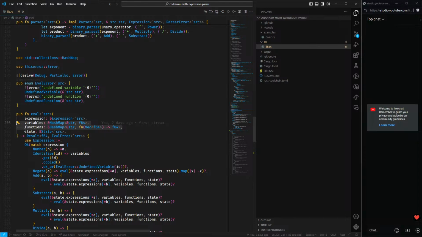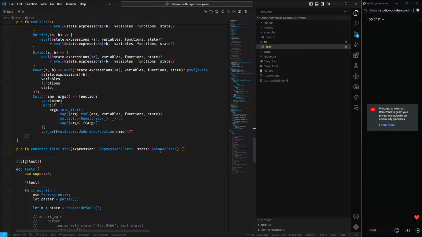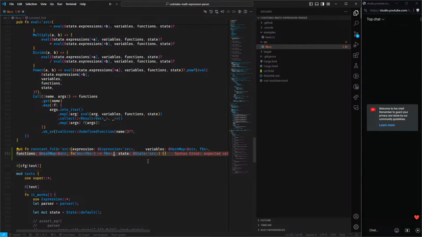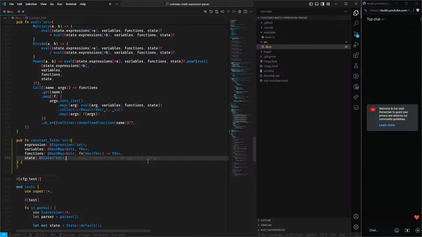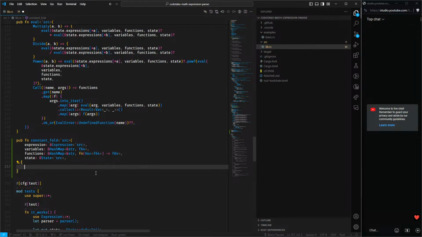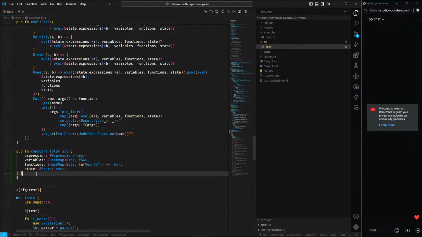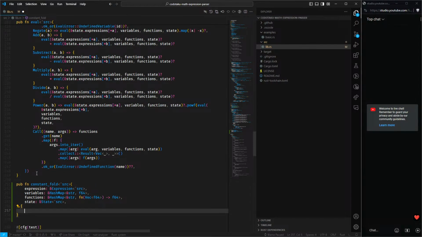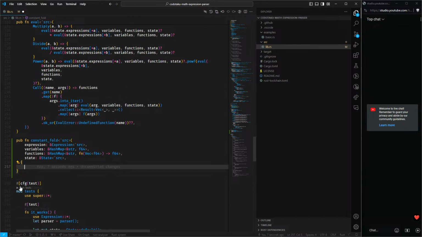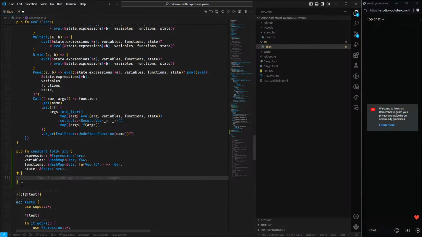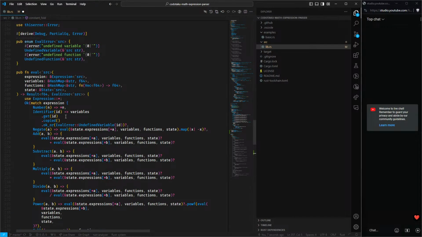So I would also include variables and functions in the ConstantFold. I'm not sure if this is done in the industry. Maybe, I don't know. But this was an idea that I had. Okay, cool. So let's start doing this, I guess.